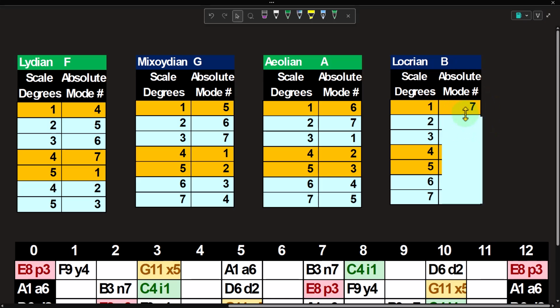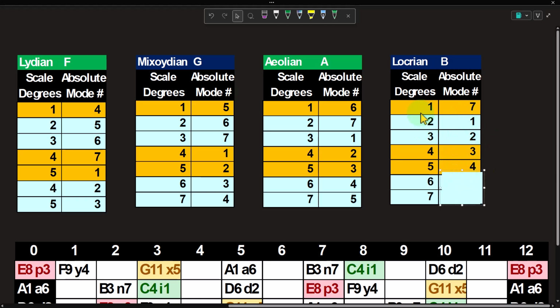All right, so now the 1 is the 7. So now we're going to say if we go 1, 2, 3, 4, it's 3 up, right? So it goes from the 7 and it goes 1, 2, 3. So we're going to say up by 3, and then the 4.